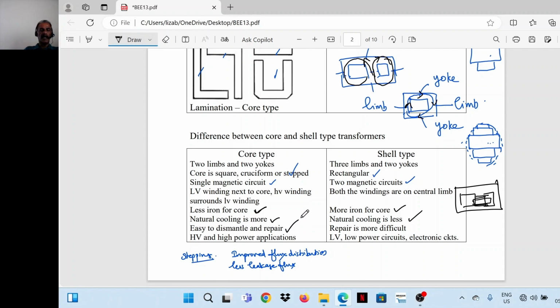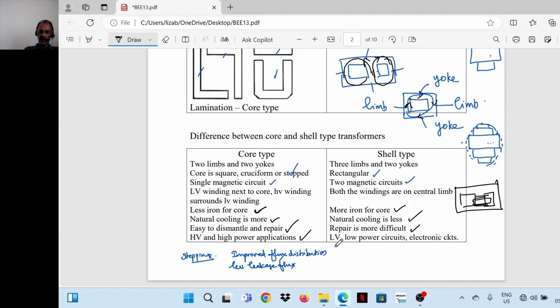Next advantage is that core type transformer is easy to dismantle and repair, whereas shell type is more difficult because of the specific type of construction. Core type transformer is used for HV and high power application, in most high power circuits. All distribution transformers and high rating power transformers are core type only.